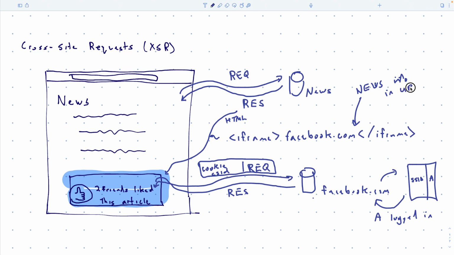I'll show you how they do that later. But anyways, they'll say this is the exact article the user was looking at, and then Facebook can go look up your account and see how many of your friends like it, and then they can fill that in, and that's basically how it works.